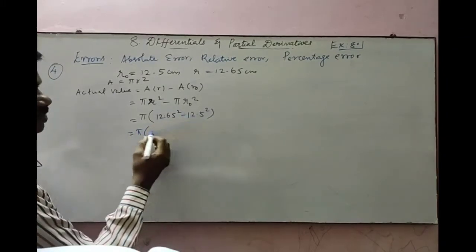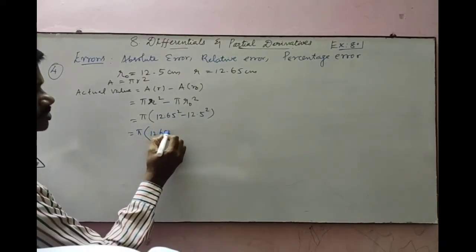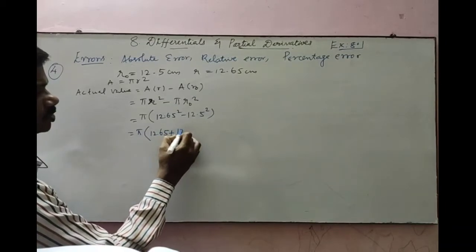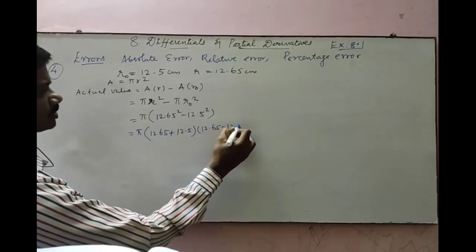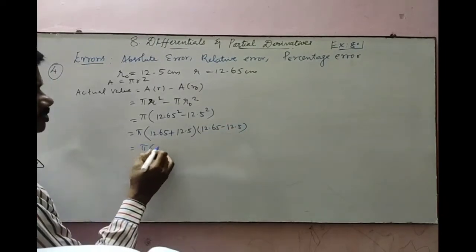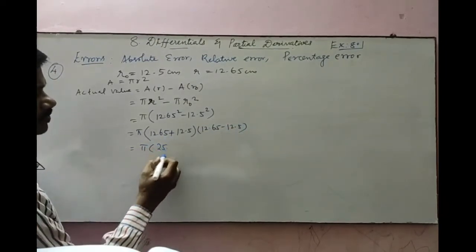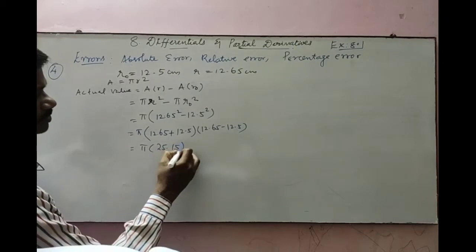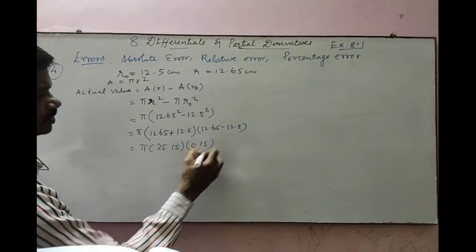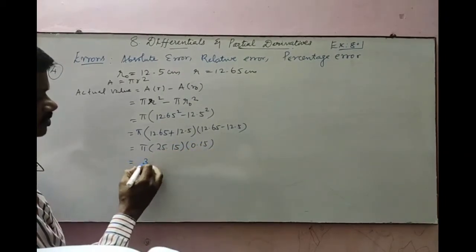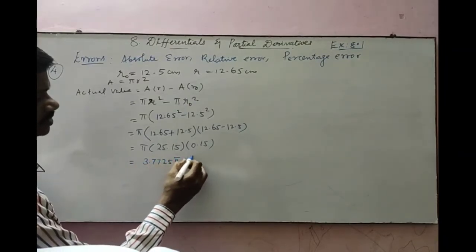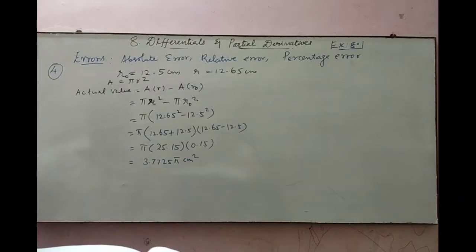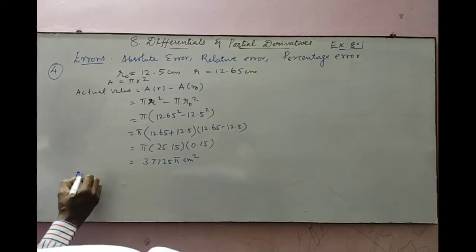This is in the form of a square minus b square. You can write it like this: 12.65 plus 12.5 into 12.65 minus 12.5. If you add this, you will get 25.15 into 0.15. On multiplication, you will get 3.7725 pi centimeter square.